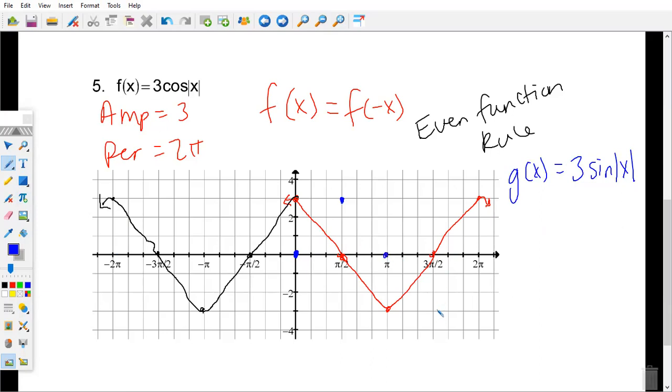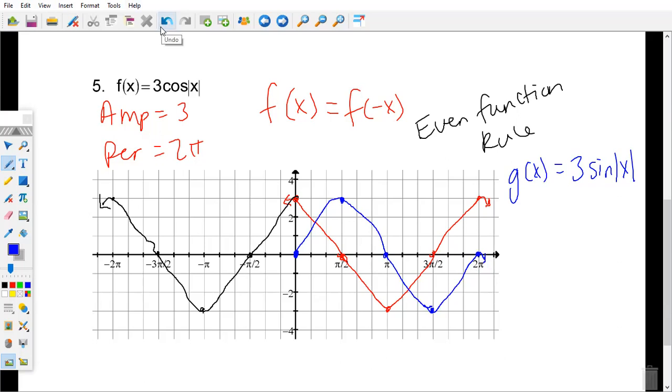Our min is at negative 3. And then we come back up. Okay, so talk about sine.